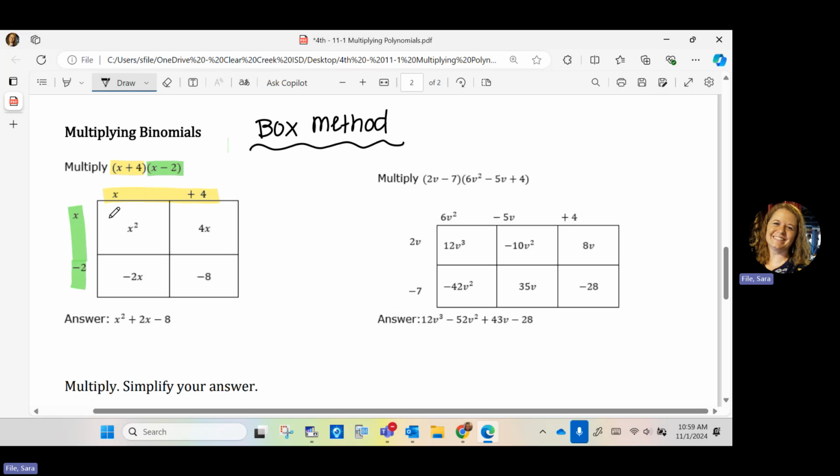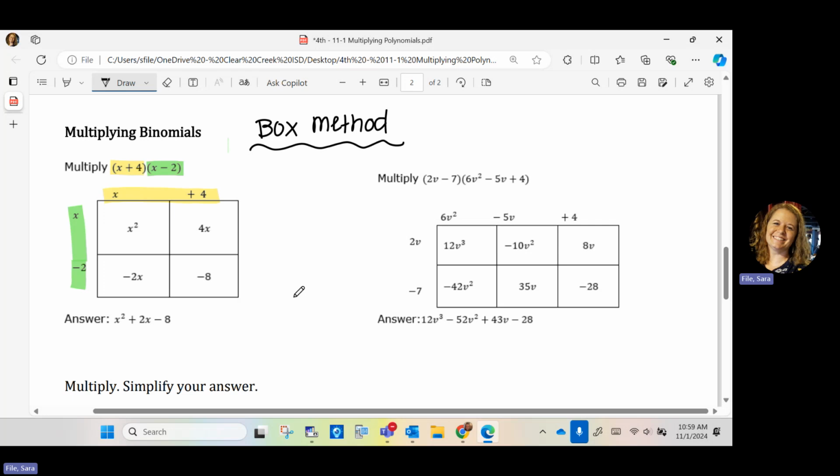So here in the top left, I'm doing x times x, which is x squared. In this box, it's x times 4, so 4x. Bottom left, it's -2 times x, so -2x. And in this bottom right box, it's -2 times 4, so it's -8. So I've filled that all in.